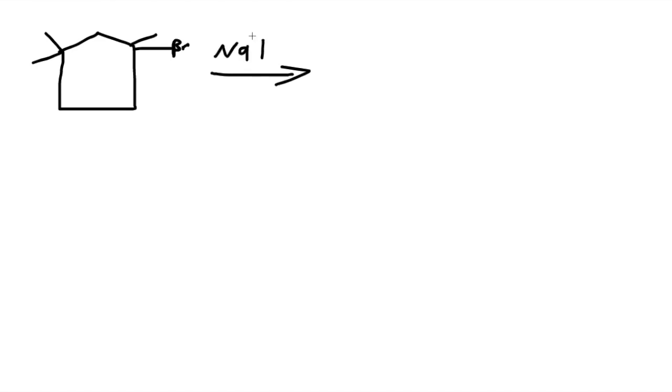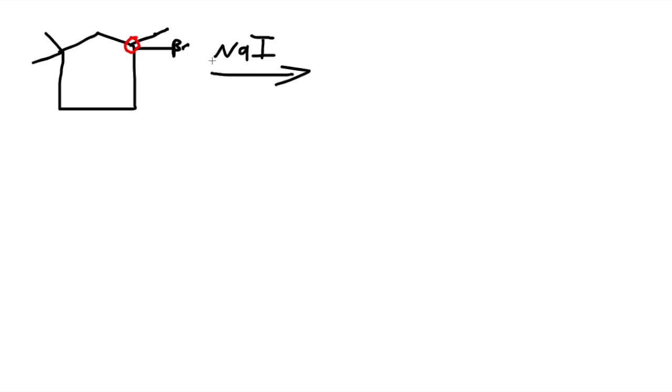Let's do another example if we have the structure right here. Let's say this is a bromine, and this is reacting with, let's say, NaI, sodium iodide. For this, we see that the carbon attached to the leaving group over here is tertiary because it is connected to 1, 2, and 3 carbons.